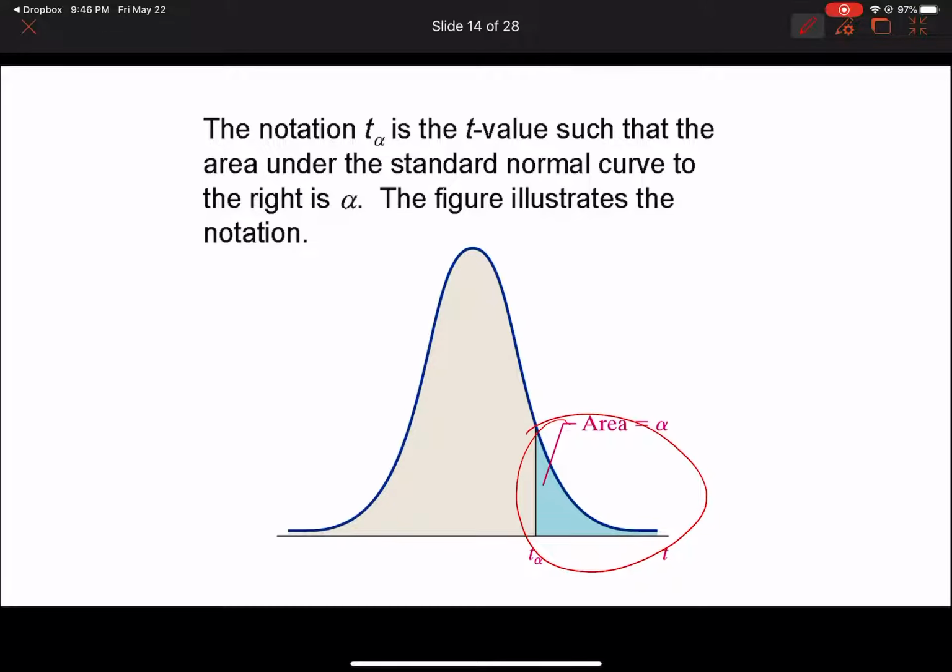Remember, with our 95% confidence level, we would have two pieces right here, and this was our alpha. It's the same thing here, except right now we're only looking at the right tail. So our alpha is the area of this tail right here.